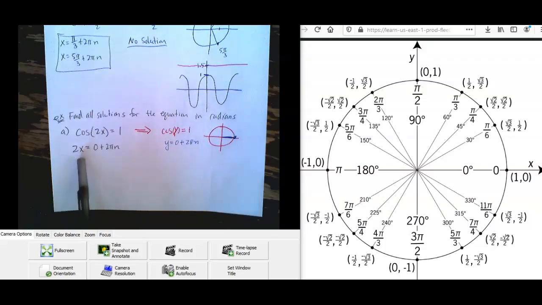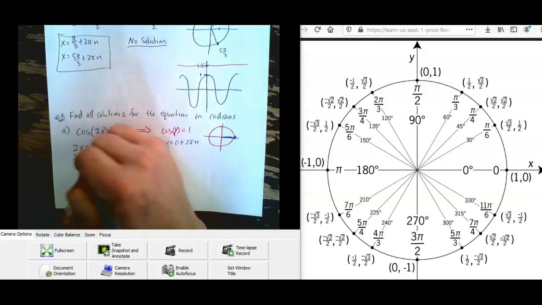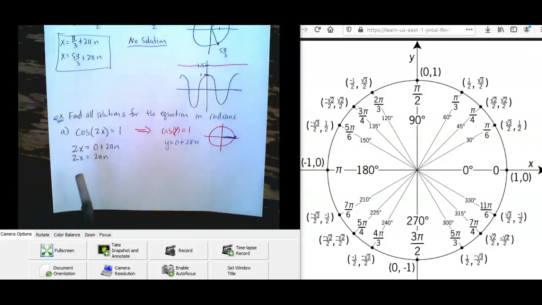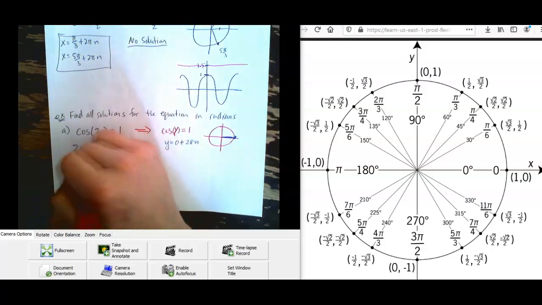So we don't have our solution quite yet. We need to solve for x a little bit more. This is just 2x equals 2 pi n. So this means that 2 times our solution is equal to 2 pi n. So we divide both sides by 2.